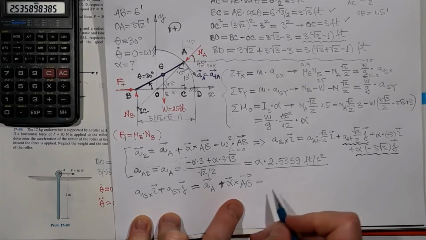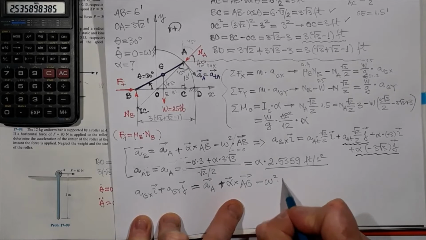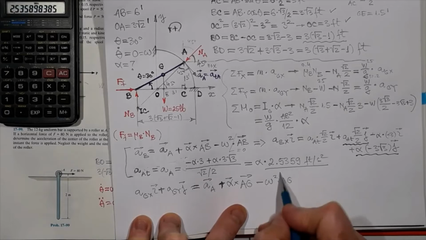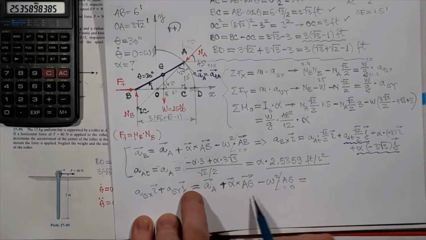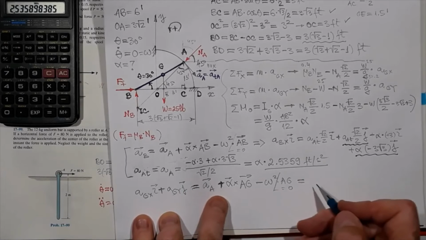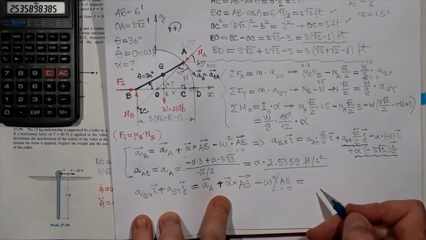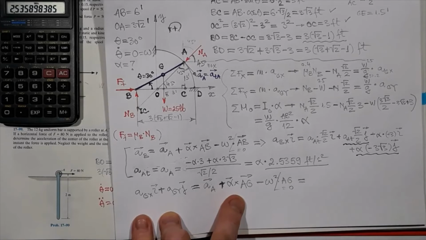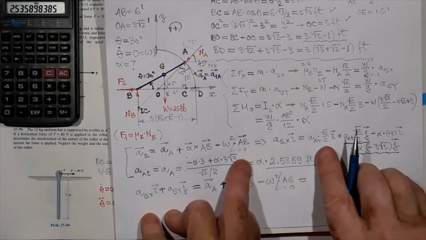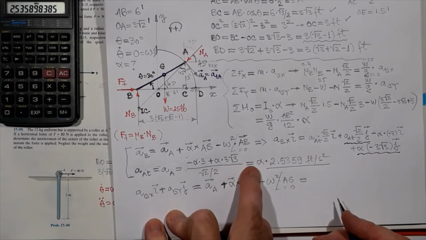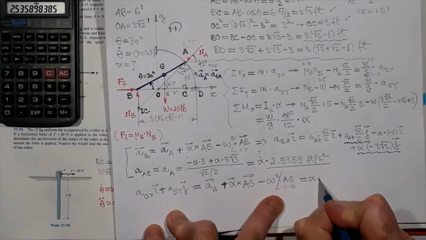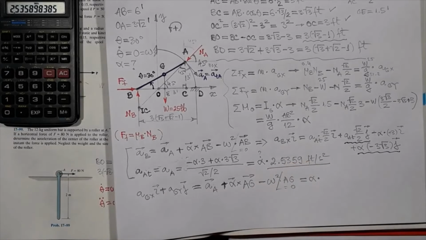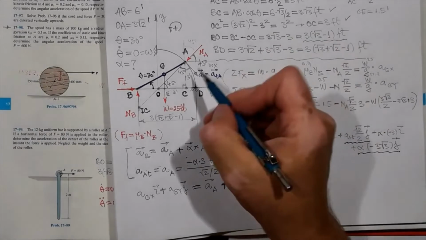And then I have negative omega squared times AG, but same as before, this goes to 0. Okay, so the right-hand side is acceleration of A, the x projection, and that's alpha. So let's not forget the alpha, this remains unknown, and then times this piece multiplied by sine of 45, since this is the 45 degree.